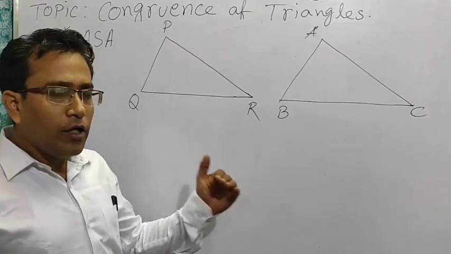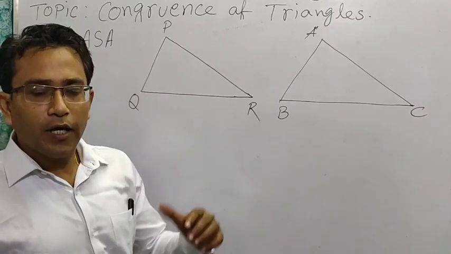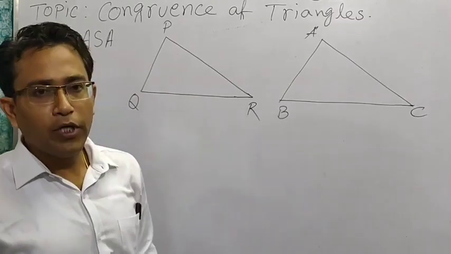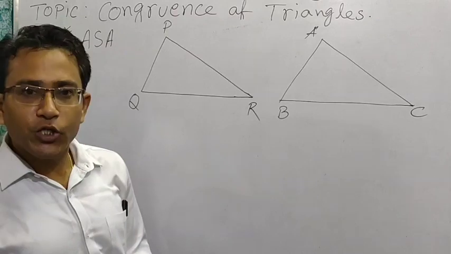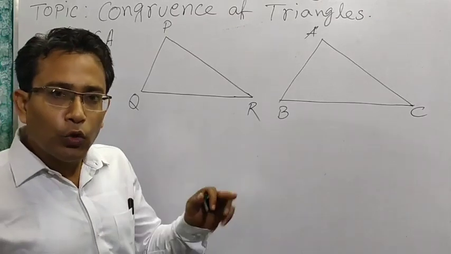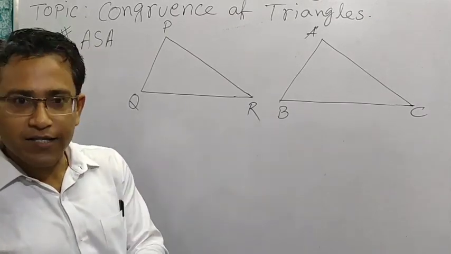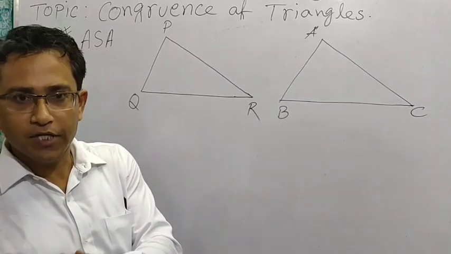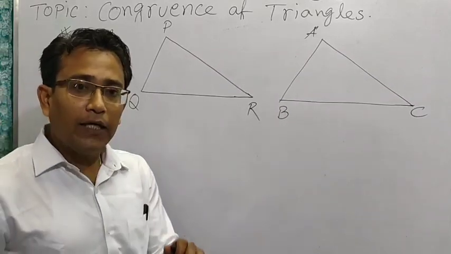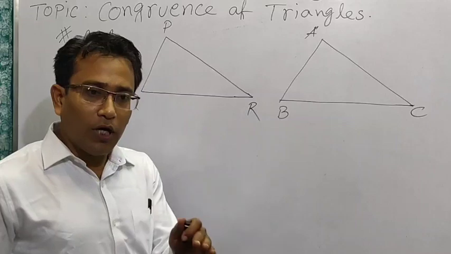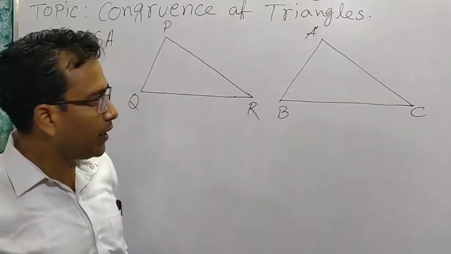In your exercise and your book, you will get different signs to indicate which side corresponds to the other corresponding side of the triangle, and which angle is equal to the corresponding other angle.